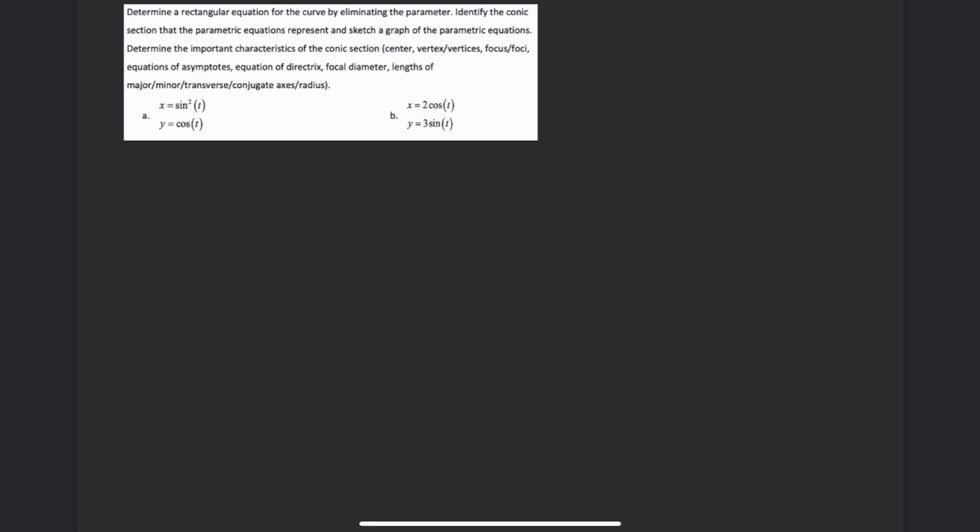Okay, so we're asked to determine a rectangular equation for the curve by eliminating the parameter. So we have x is equal to sine squared t, and y is equal to cosine t. Okay, so using our Pythagorean identity, we know that sine squared theta plus cosine squared theta equals 1.